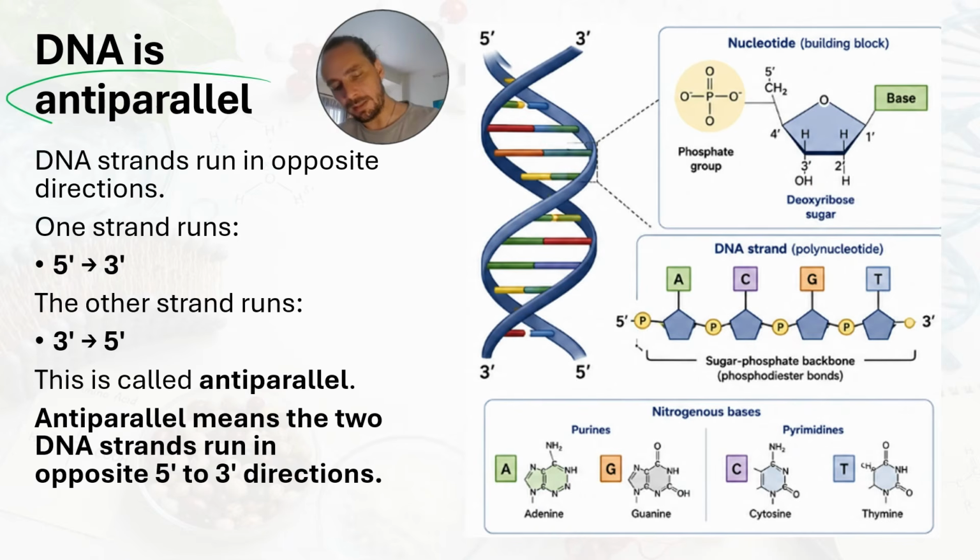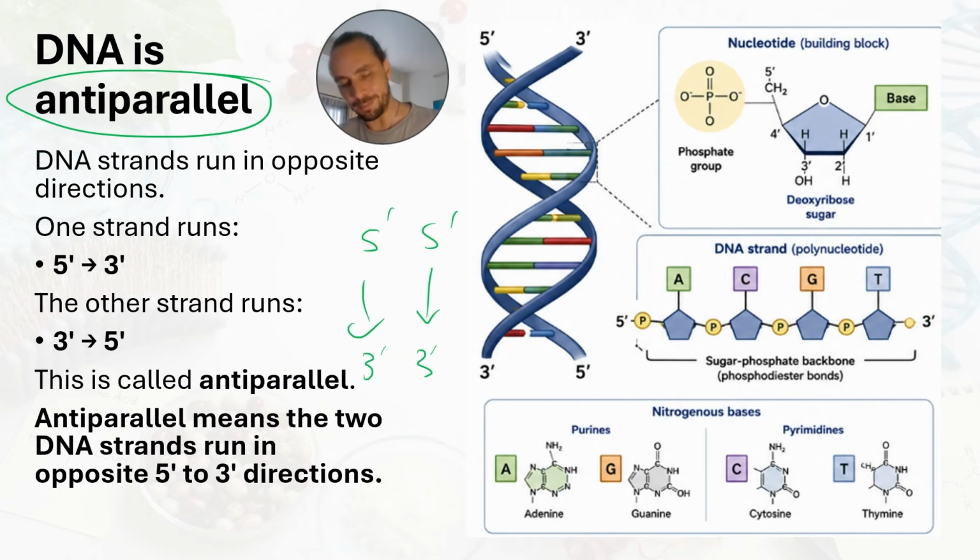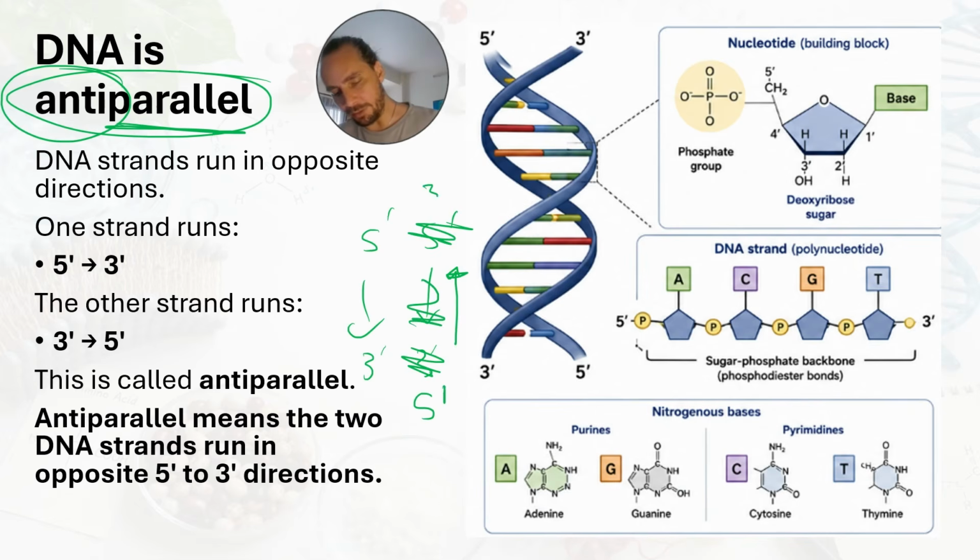Now, why we say DNA is antiparallel is because if a strand was parallel, it would be 5' to 3' and 5' to 3'. That means it's parallel. But DNA is antiparallel. So this is the 5' end, and it will move up to the 3' end.